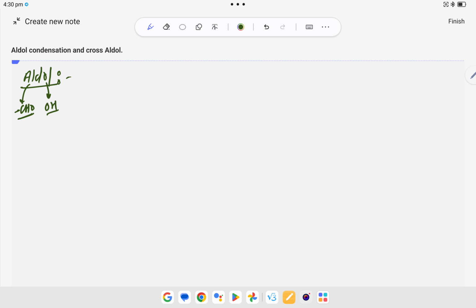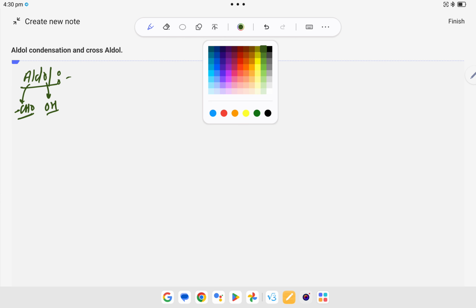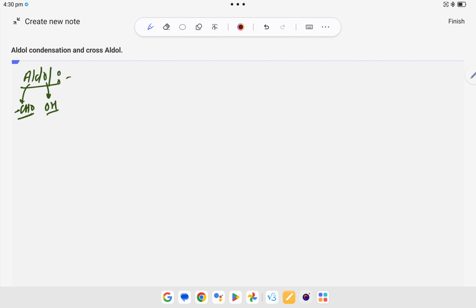So let's talk about the example. CH2, one H I am writing here, C double bond O H. This is the compound.